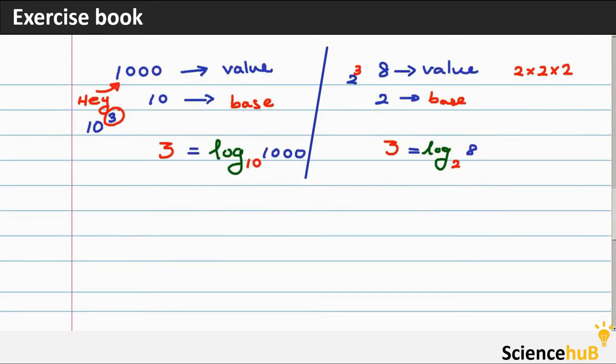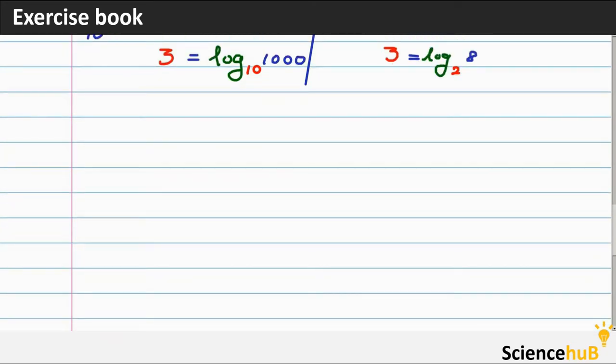Okay, let's take another example. Let's take 81 as the value and the base as 3. So the value for log to the base 3 of 81 will be equal to what?